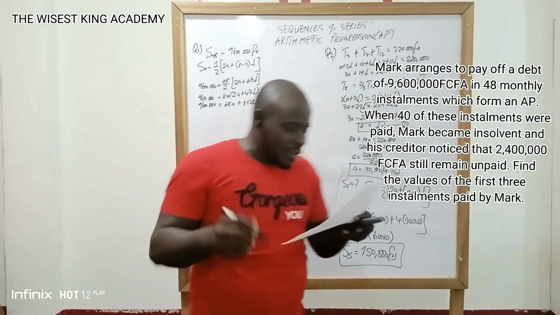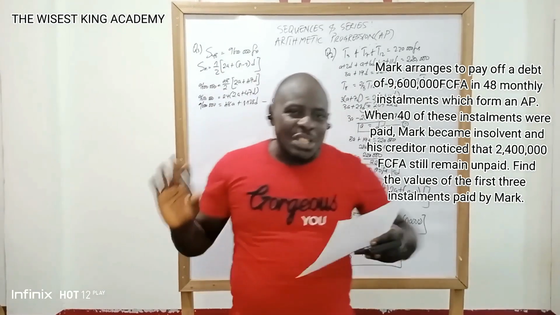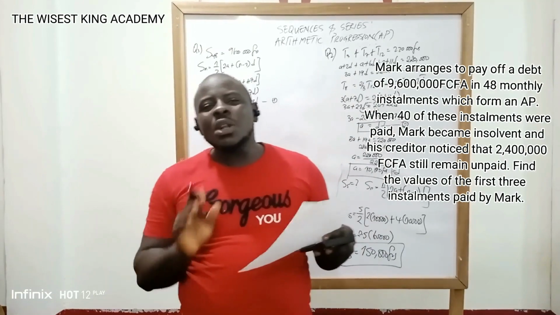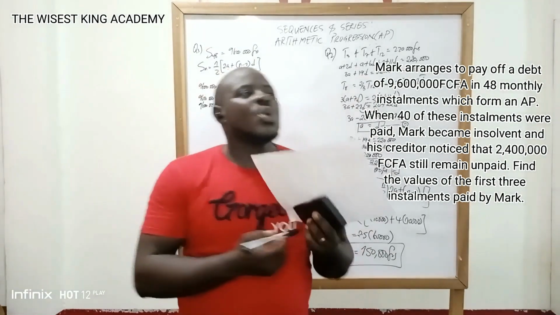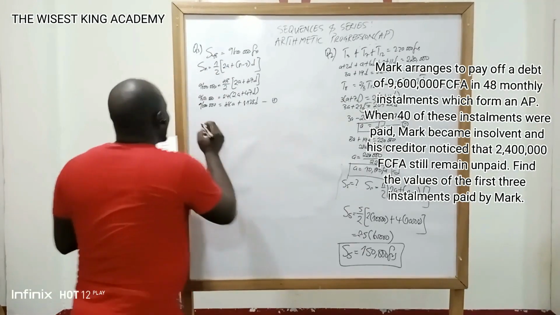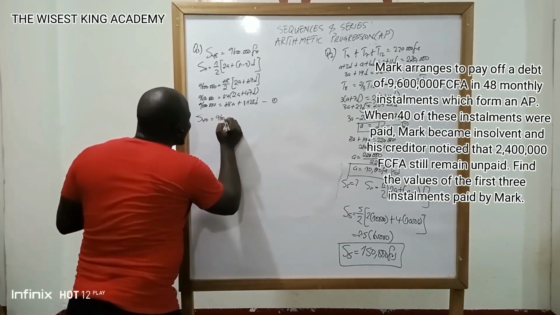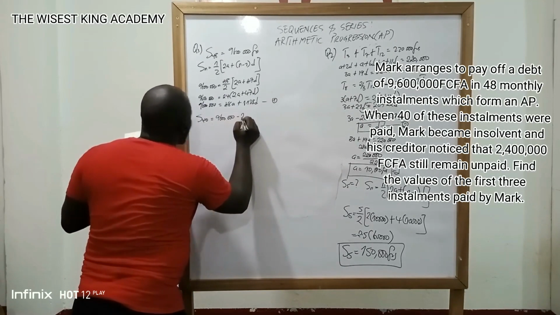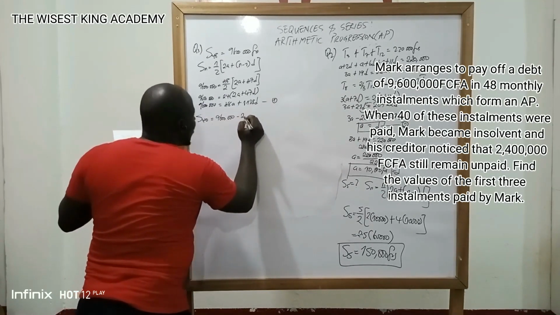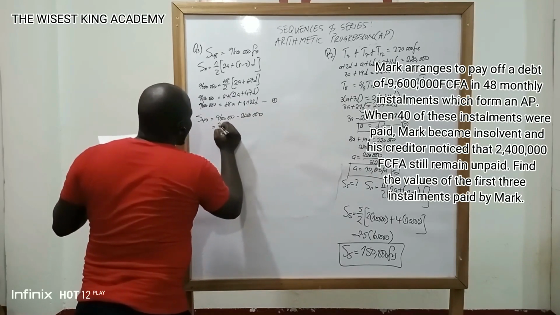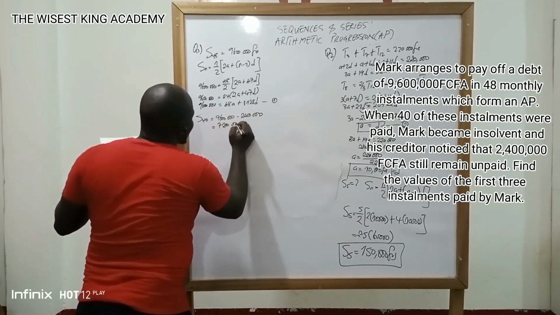Now, with the second, they say after paying 40 installments, the creditor finds out that 2,400,000 was still left. So it actually means that S40 will be equal to 9,600,000 minus 2,400,000, which is actually equal to 7,200,000.